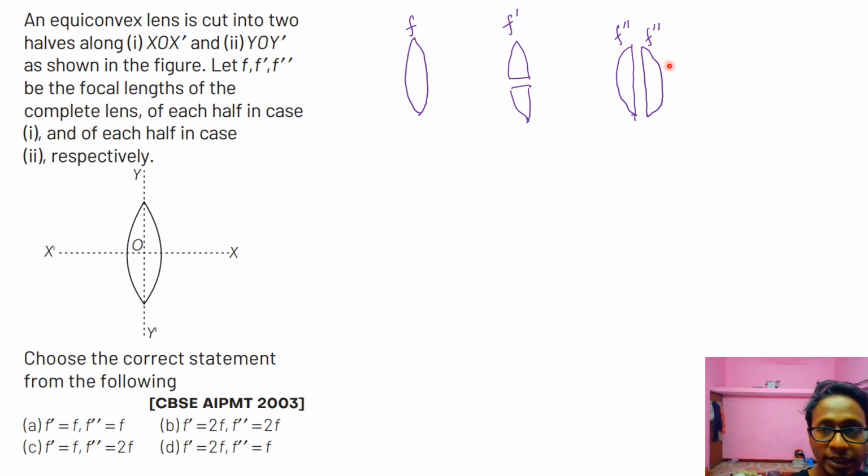f double dash is nothing but cutting along axis y, or this axis.